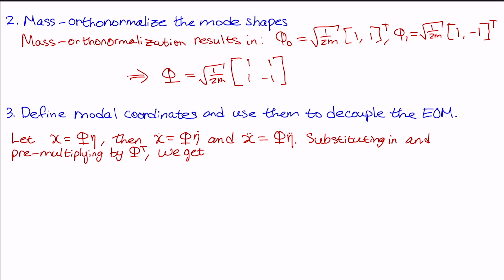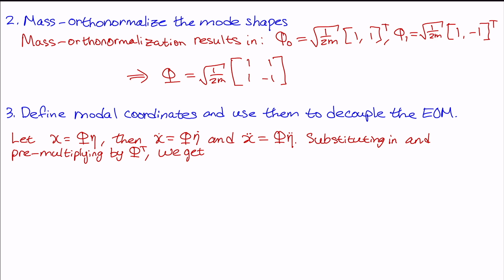So from here, we're going to define modal coordinates, and then we're going to use them to decouple the equations of motion. We're going to start by letting our vector of displacements equal our modal matrix phi multiplied by the vector of modal coordinates, eta, and then you can compute how the velocities and the accelerations relate to that.